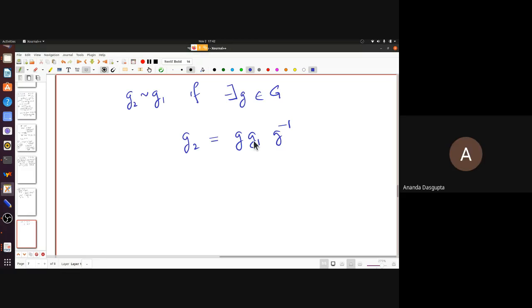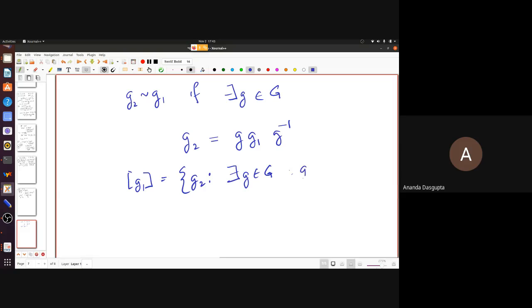If this happens, then G2 is conjugate to G1. The conjugacy class of G1 simply is all elements G2 such that there exists a G in the group such that G2 is G G1 G inverse. So the conjugacy class is simply all the elements which are conjugate to G1.